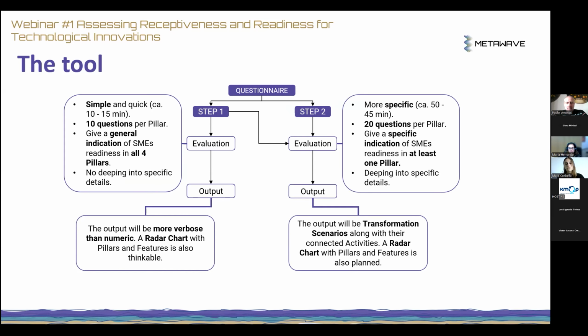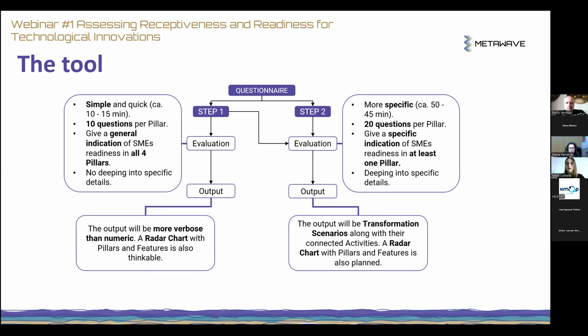It's divided into 2 steps. Of course, the company needs to register on this platform to access the tool, but the information requested is minimal. And then the questionnaire starts. The first step is more general, so it's easier and quicker. It's 10-15 minutes.